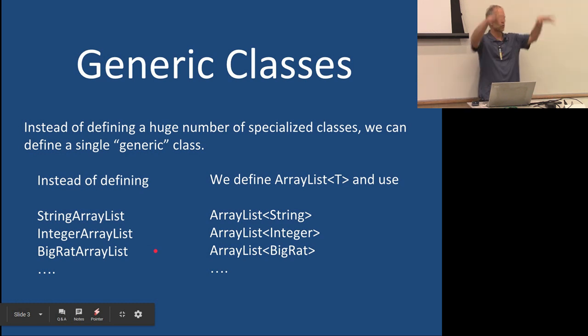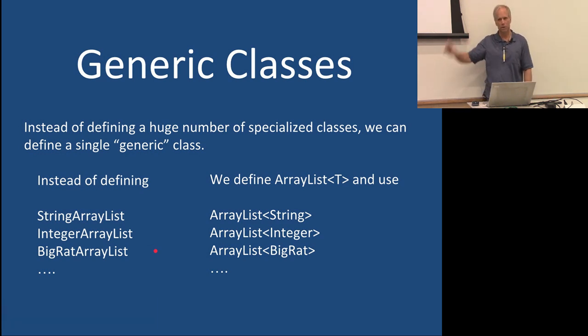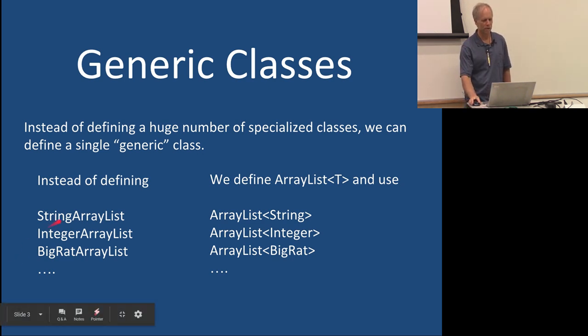Now, if I wrote all those classes, ArrayList of this, ArrayList of that, how similar would they be? How much does an ArrayList care about what it contains? Not really at all. It just knows it contains something. And so the code for these classes would be virtually identical.